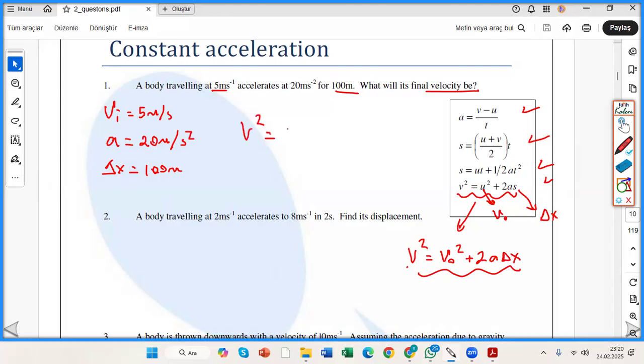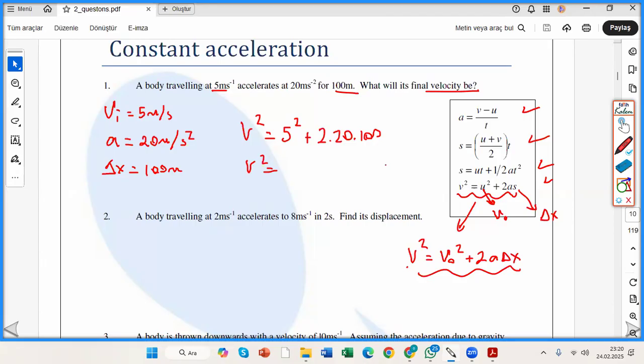So v squared is 5 squared plus 2 times 20 times 100. Then, if I'm not mistaken, v squared is 4000. Just a second. I have to use a calculator to find the solution.